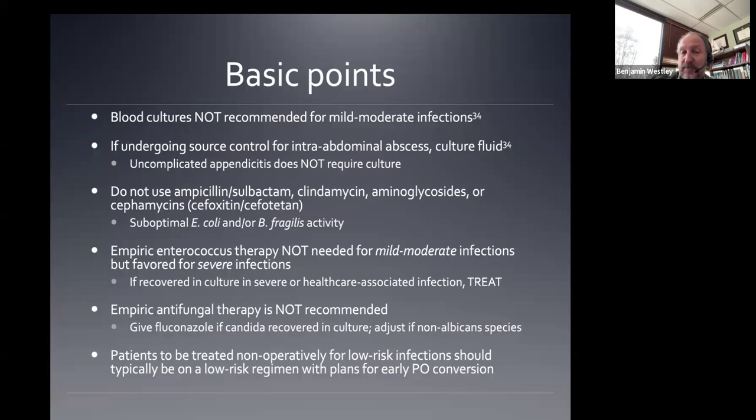They may not need antibiotics by that point, but if they do, we try to get them on an oral regimen. And as an aside, I'll just mention that we do often use amoxicillin clavulanate orally to go home even though we do not recommend using ampicillin sulbactam in the hospital.